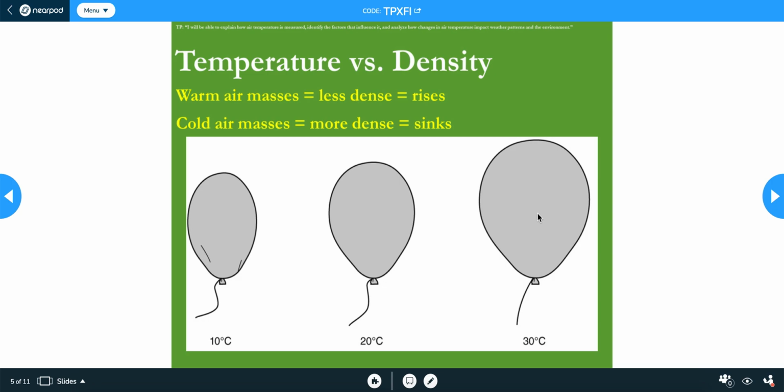If I jump now to 10 degrees Celsius, let's say the volume now decreases. Let's say it's half the size. So half the size of 5 is 2.5 cubic centimeters. But I also have the same mass of 5 grams.